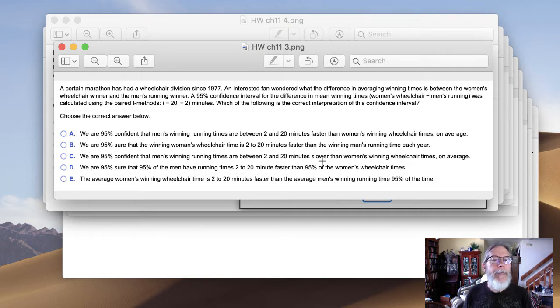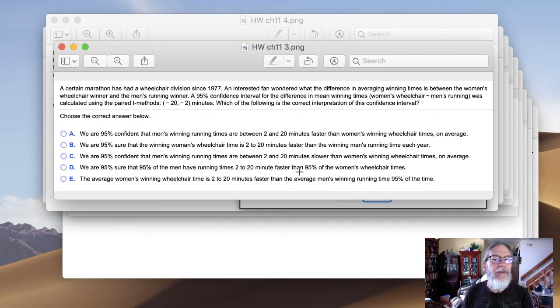Oh, okay. So if we are doing the winning time each year, which of those is that going to be? Average winning time, 2 minutes faster, 95% of the time. No, that's the mistake there. We're not saying 95% of the time they're faster.